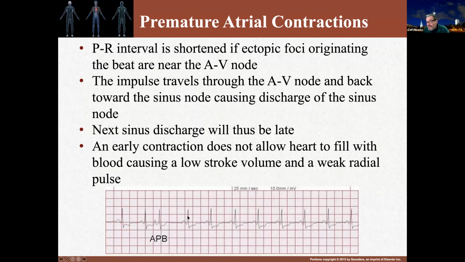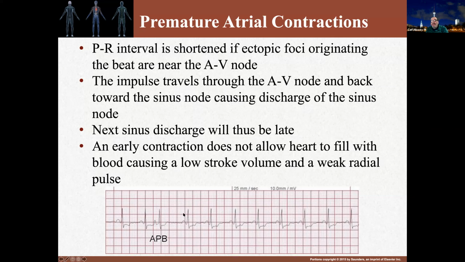If you look at the right-hand part of this strip, it looks quite normal, but here we have beat, beat, and here is our premature atrial contraction. Here's the P wave for that premature atrial contraction, and you notice the QRS follows very rapidly from that. And there is then an increased delay until you get to the next normal P and QRS complex.